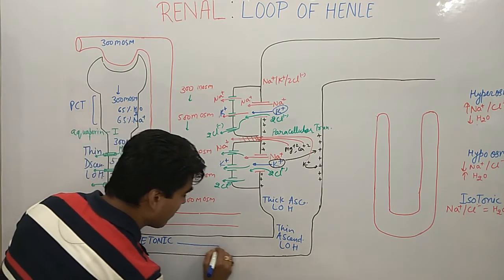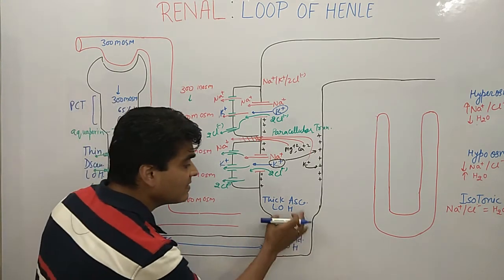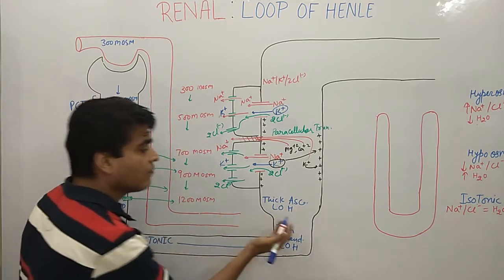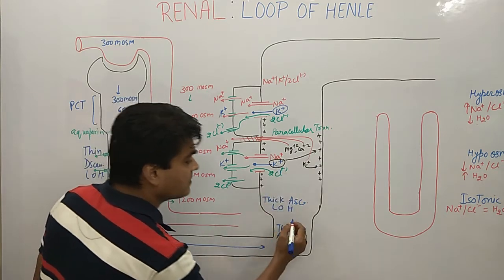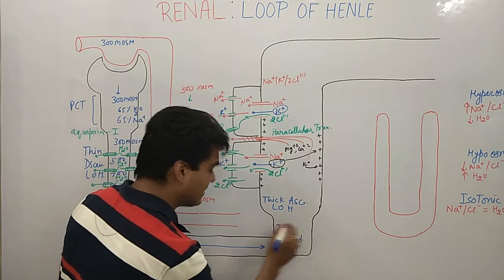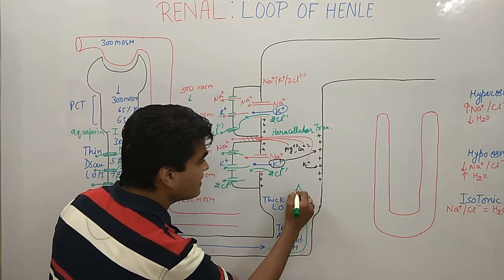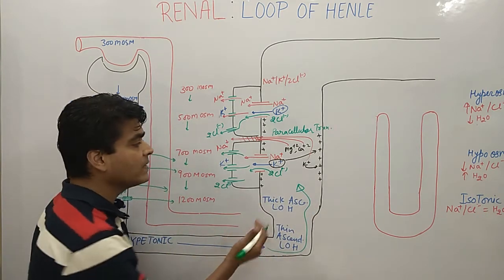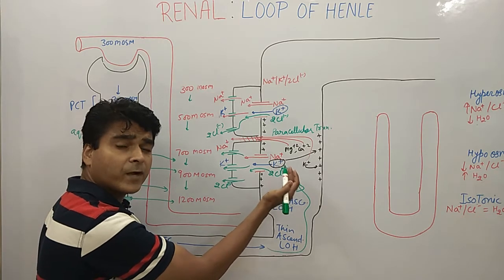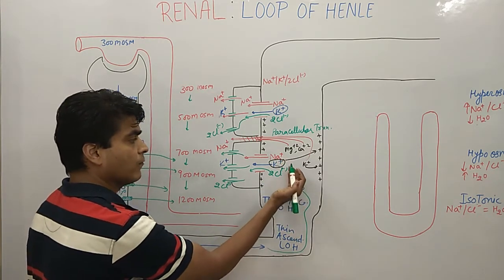Similar hypertonicity is maintained in this area as well as in the thin area. Now, when this hyperosmolar fluid is moving in this direction, the sodium and potassium as well as chloride, meaning almost all the salty ions, will move from this area.